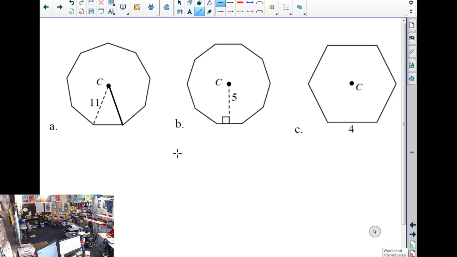Great. But my question for you is, can every regular polygon turn into a parallelogram? And if not, is there something that they can't?